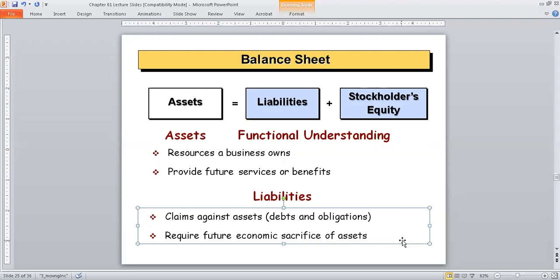The liability is the result of a contract that obligates the business to do something, pay money in the future. So it's a future sacrifice that's related to some contract that the corporation entered into in the past.